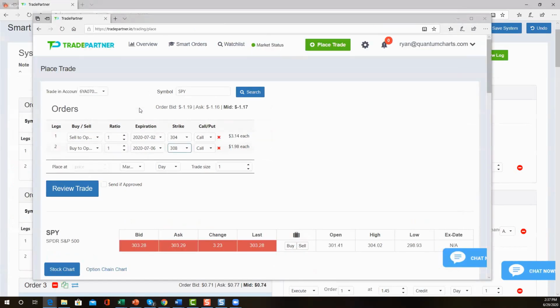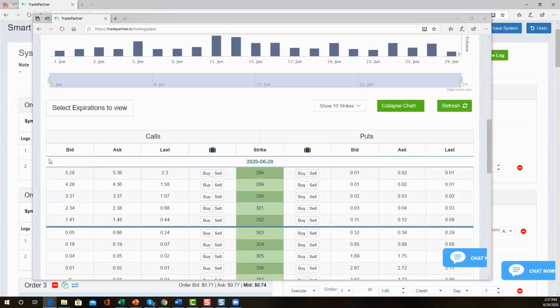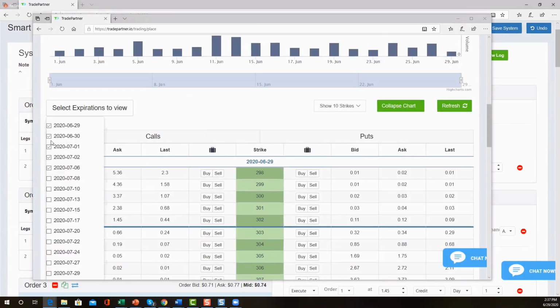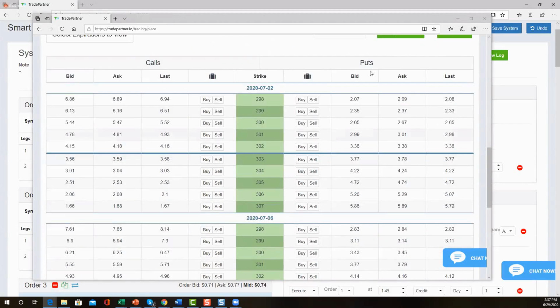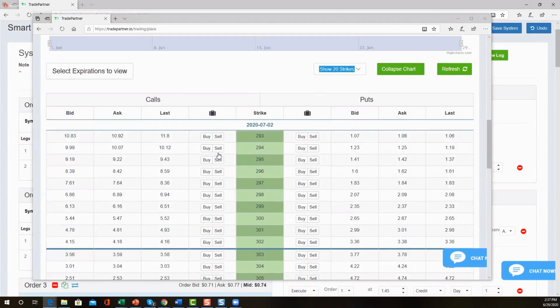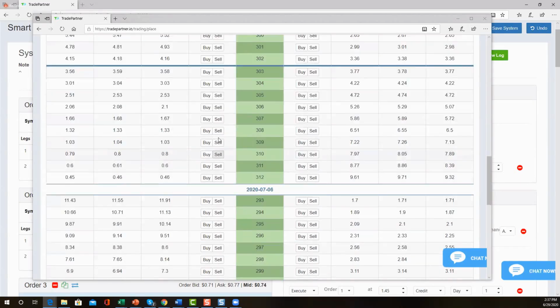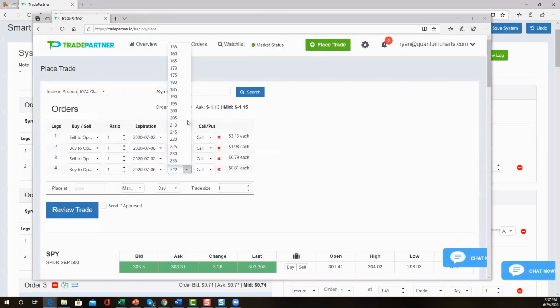So then I'm going to go, let's see here, 310. And 313. I'll just change it up here. So that's a 13. And I'm going to go 4 and 2.